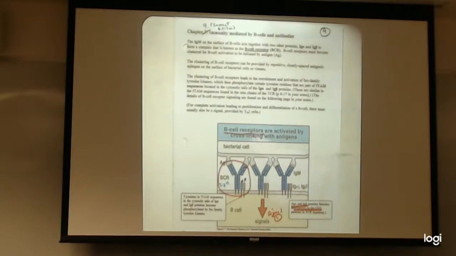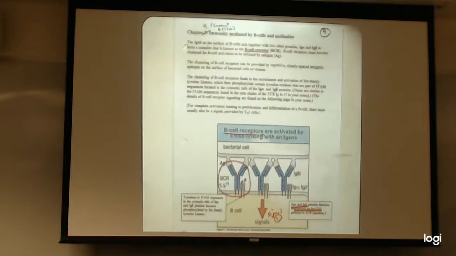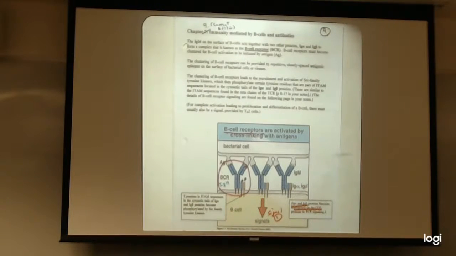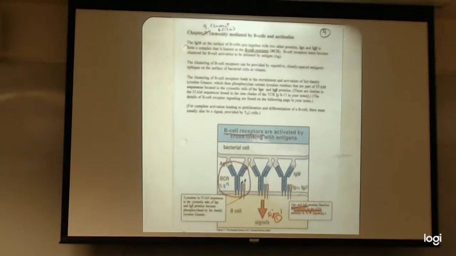I mentioned to you that all growth factor receptors in cells need to, it's not sufficient for one growth factor receptor to bind a growth factor. That by itself cannot initiate a signal.